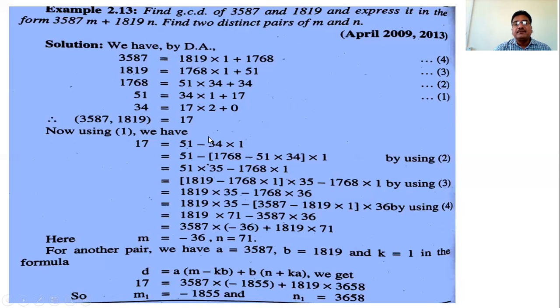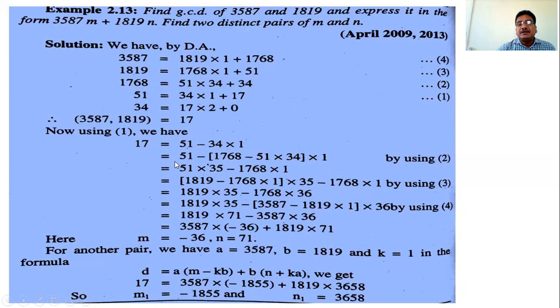So substitute the value of 34 here, with the minus sign, therefore write it in square bracket: 1768 minus 51 into 34, into this 1 as it is, and then multiply by 1 in this bracket. So what do we have? 51 as it is, minus 1768 into 1, minus becomes plus 51 into 34 into 1, which means 51 into 34.